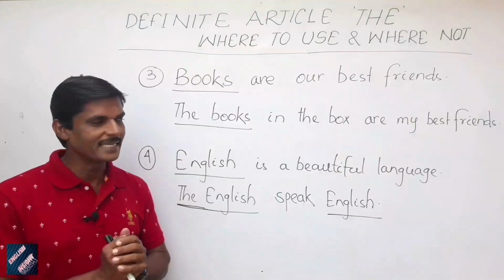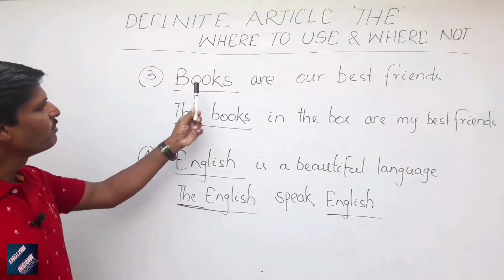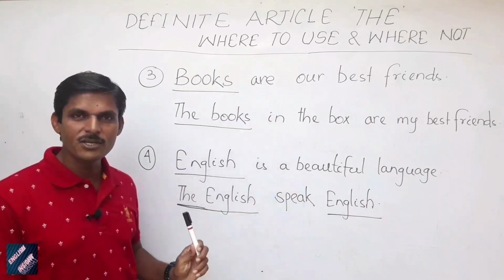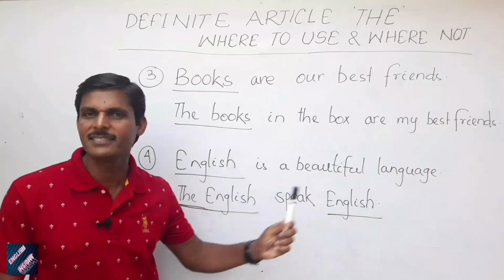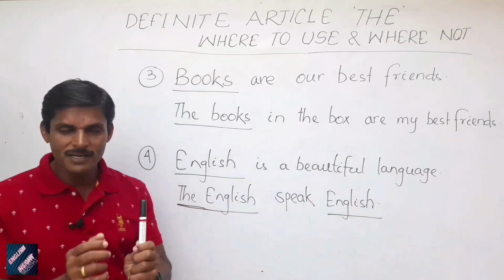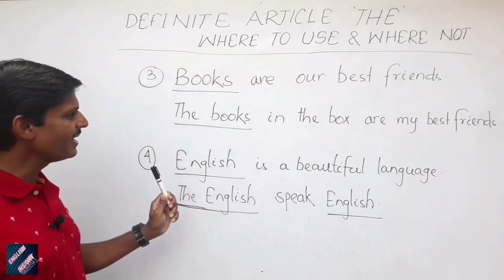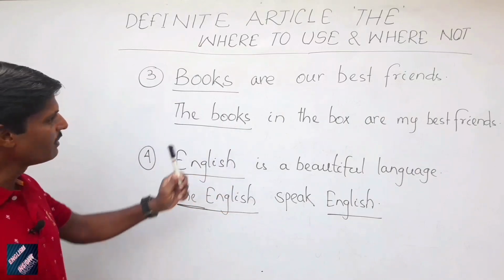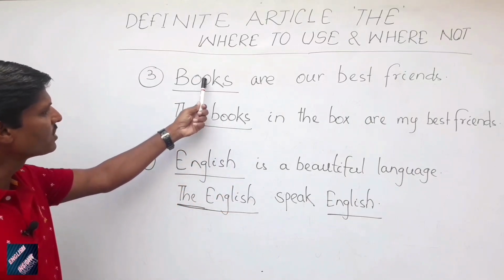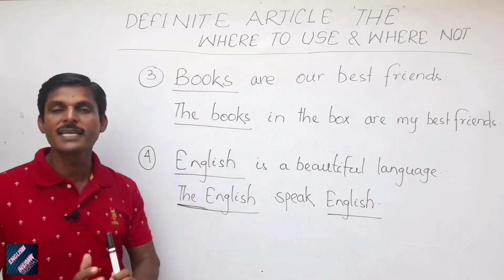Third pair of sentences. The first sentence is, books are our best friends. The second sentence is, the books in the box are my best friends. In both the sentences, the same word, books, is written.